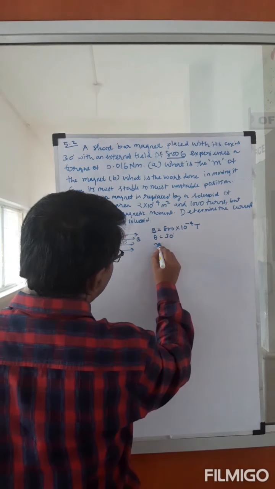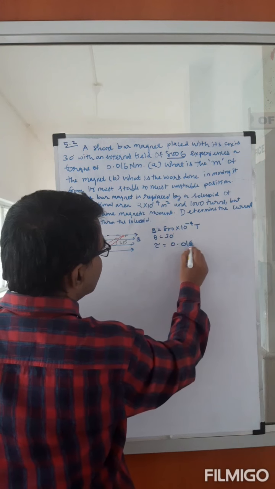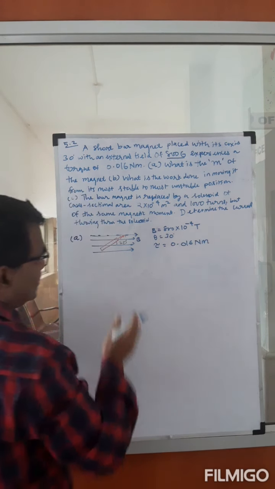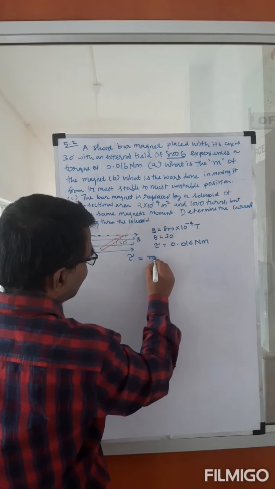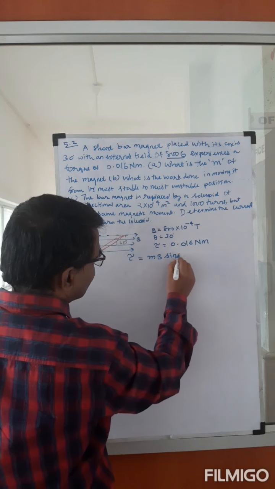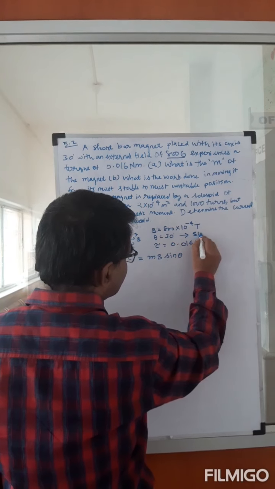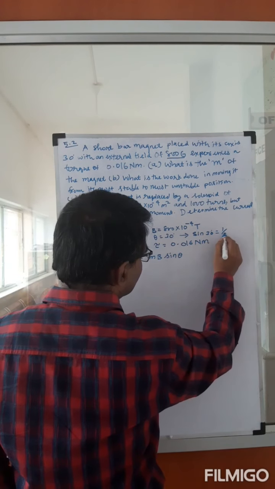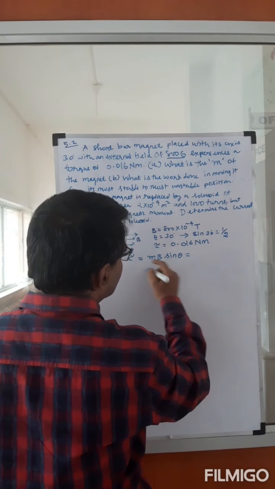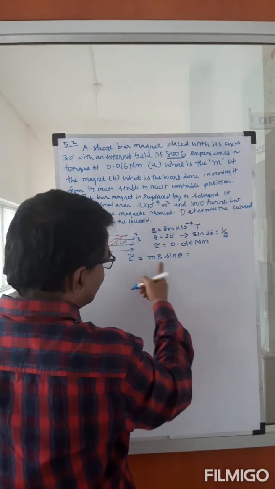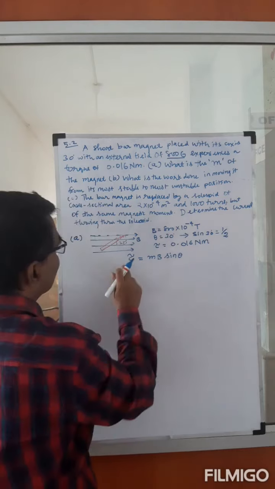The torque experienced by it is 0.016 Newton meter. Then what is the torque? Torque is equal to m b sine theta. If theta is 30 degrees, then sine 30 degrees is equal to 1 by 2. If I substitute those values, M I don't know, B I know, sine theta I know, and torque I also know.